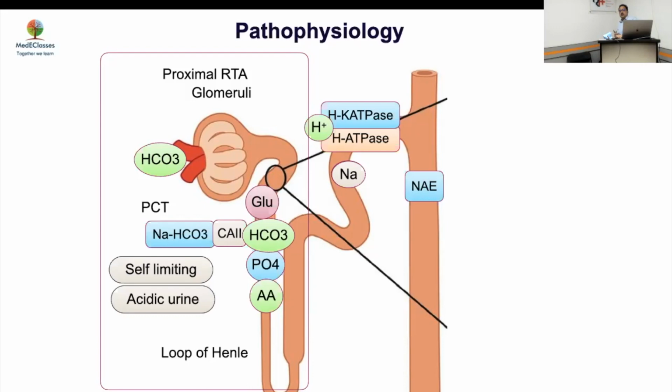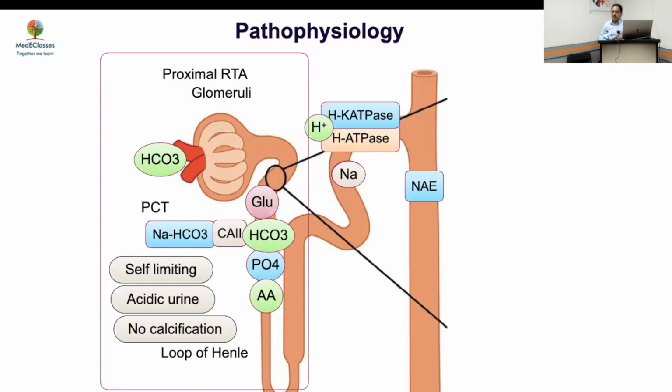The urine is acidic. This is normal, there is no problem in terms of acid excretion. Blood is acidic, urine is acidic. So urine pH is less than 5.5, or more precisely less than 5.3, which is the cutoff we use. And there is no calcification. Why do these patients not have calcification? Because of the citrate loss.